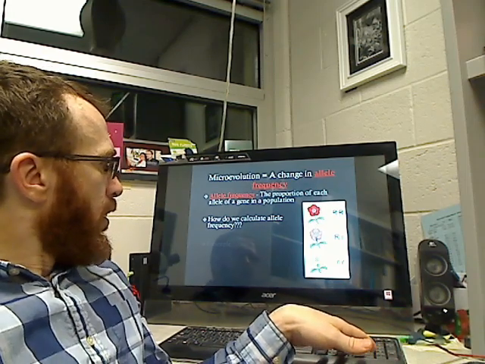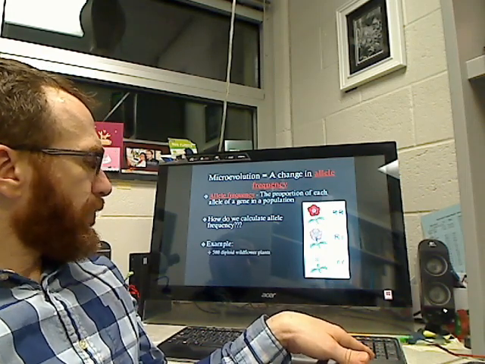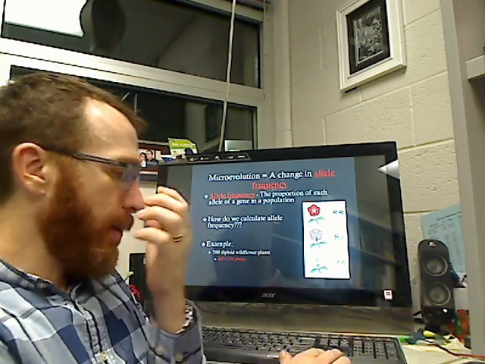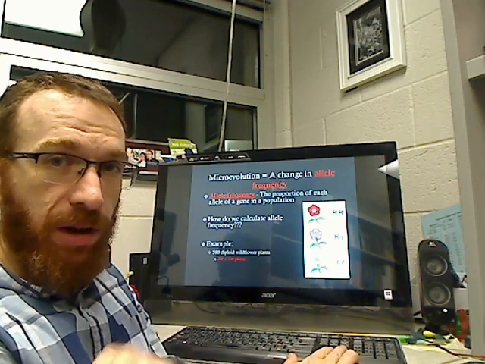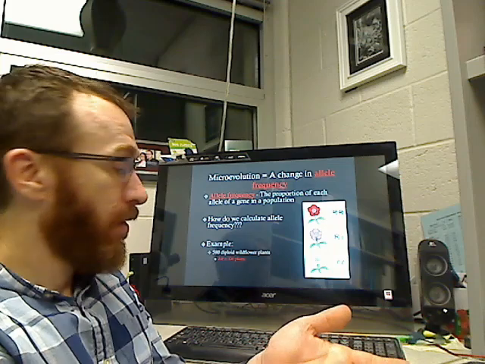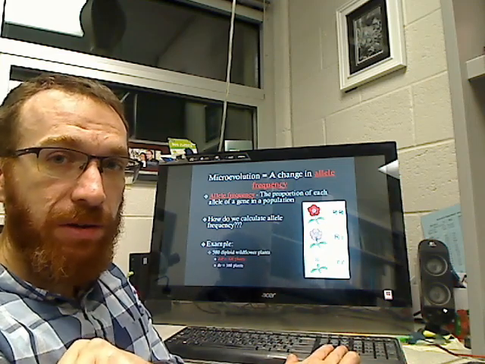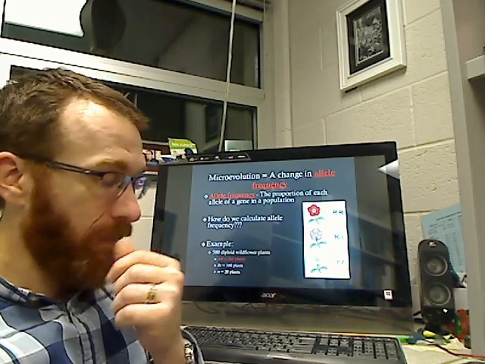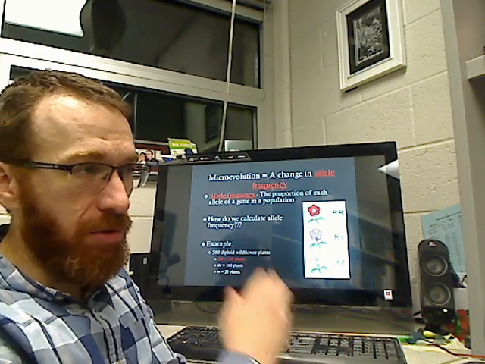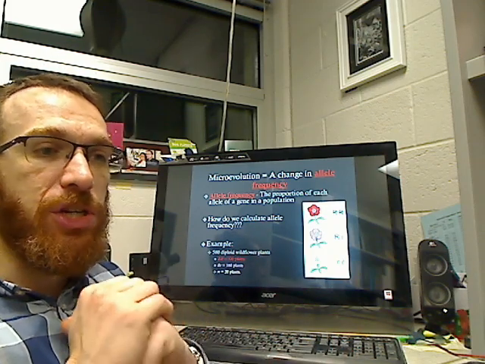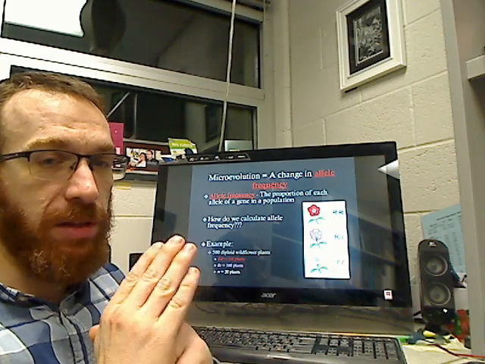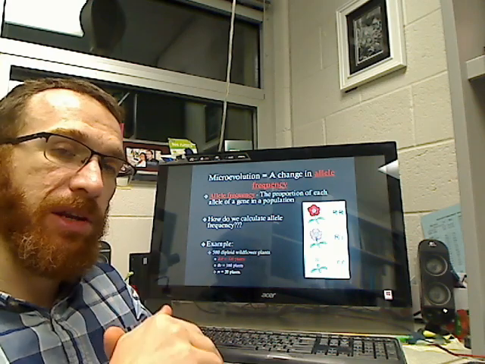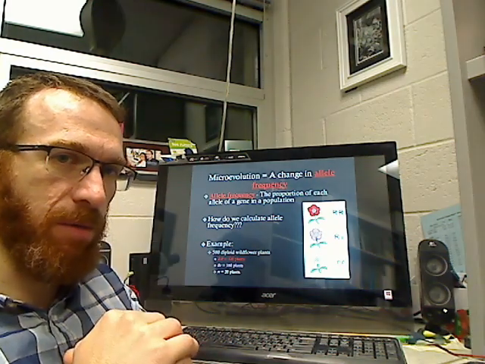Let's say we have 500 of these flowers, and of those 500, 320 are homozygous dominant, so red, 160 are pink or heterozygous, and 20 are homozygous recessive. How do we calculate allele frequency with these numbers? Notice what I've given you are the genotype numbers in the population: 320, 160, and 20.